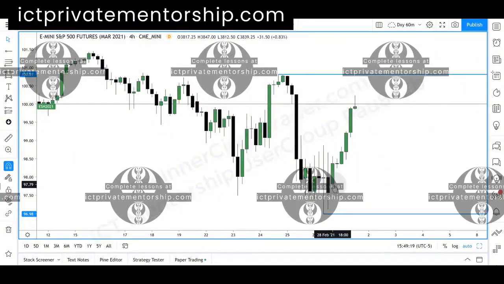It's at a discount. So why would you sell something at a discount? You want to wait for it to become a premium. It can get up to this level here, consequent encroachment, or this level here. You have your sell side imbalance, buy side inefficiency. It's gone up into these levels, and now from the high to the low, we are at a premium.